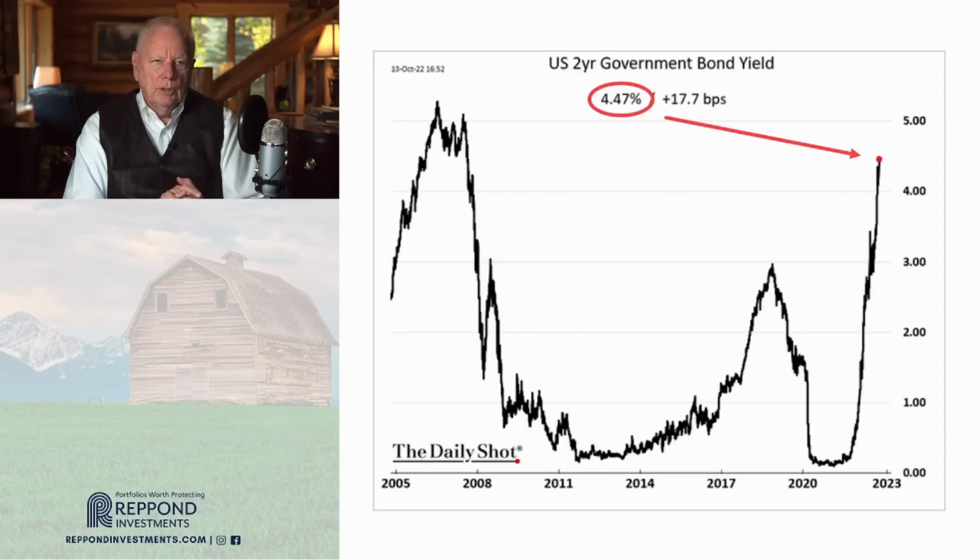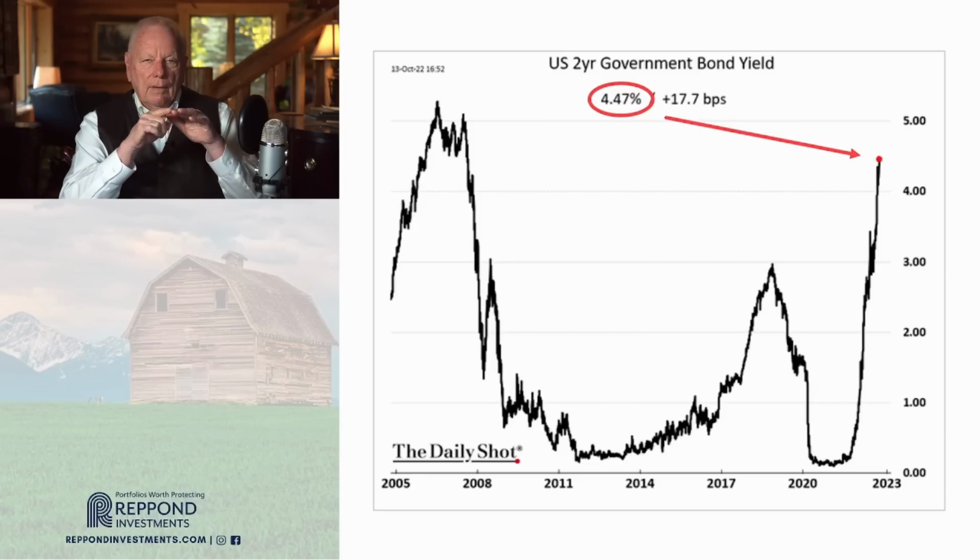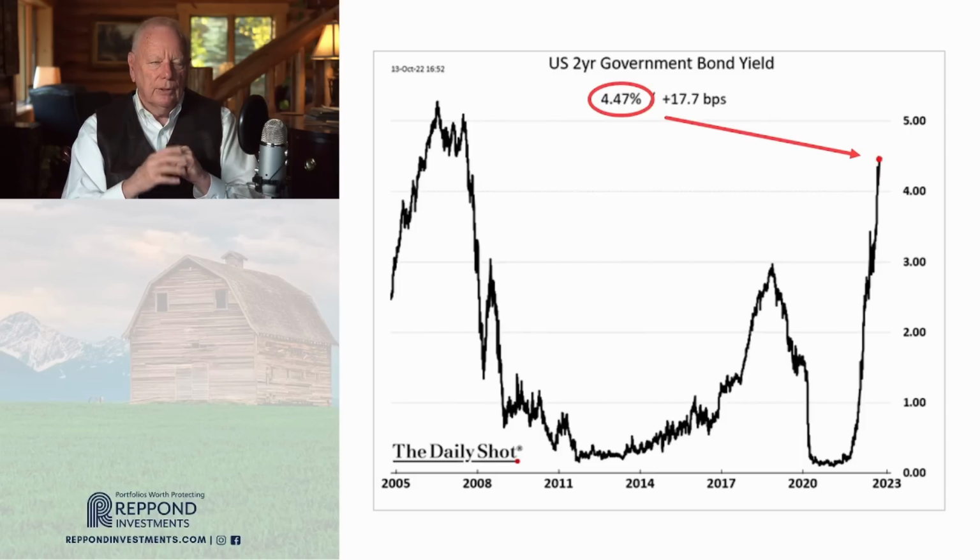The yield on the 2-year government bond, I did not say 20, the 2-year government bond is 4.47%. And you can see where it came from. What that means, you have to kind of translate this, is that the short-term bond, the intermediate-term bond, and the long-term bond all move like this in varying degrees.